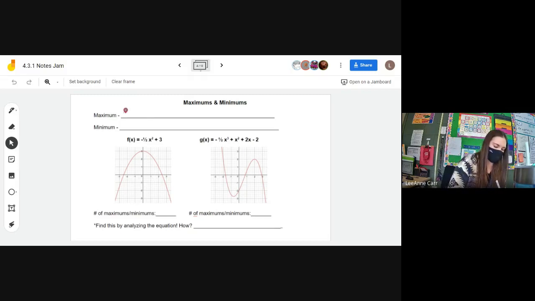We're going to say that a maximum is a high point in the graph, and then a minimum is a low point in the graph. And again, this is not the most mathematical definition, but it is something that we can pick out once we see the graph itself.